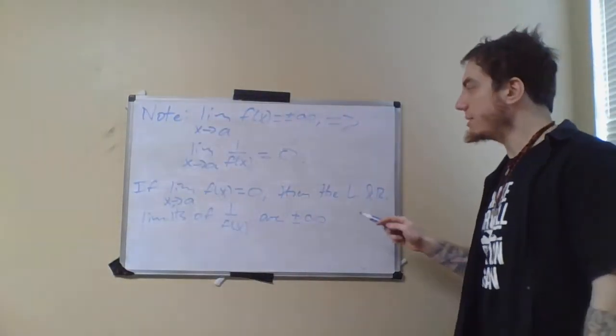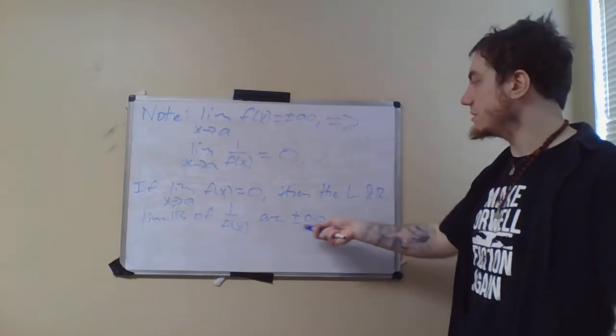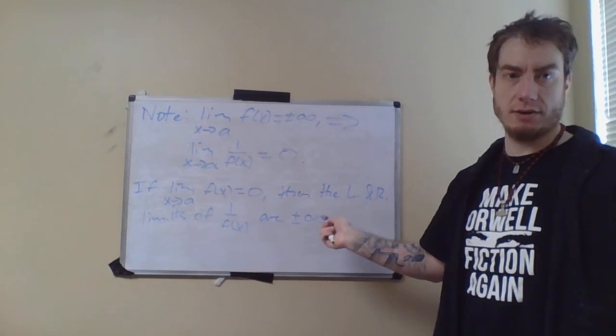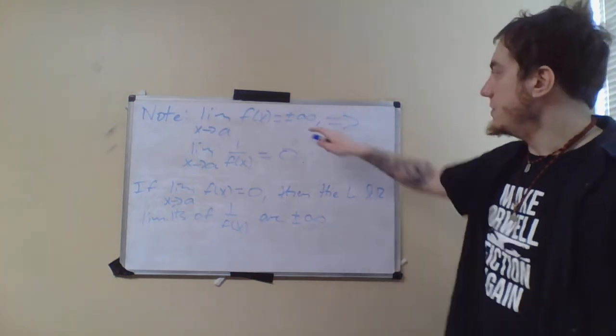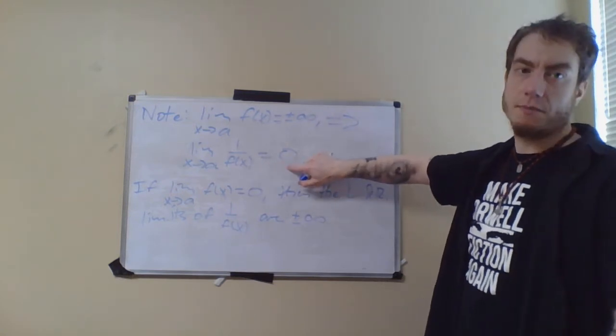What it doesn't imply is that the actual limit exists, and the reason is because the left and the right limits could be different. So this direction, if the limit is infinite, the limit of the reciprocal is always 0.